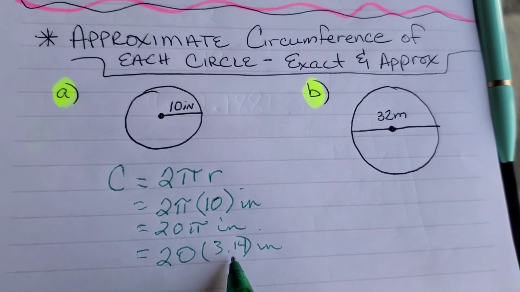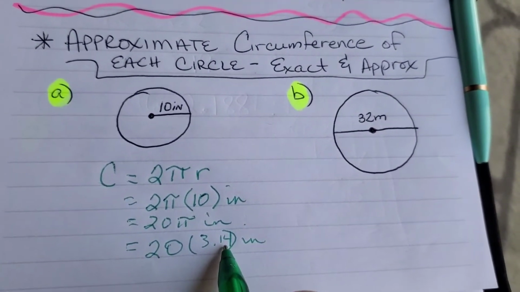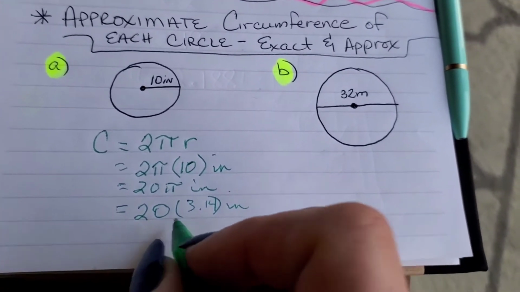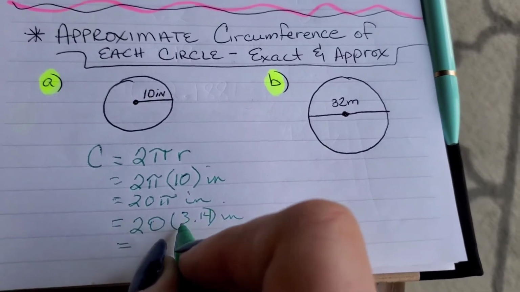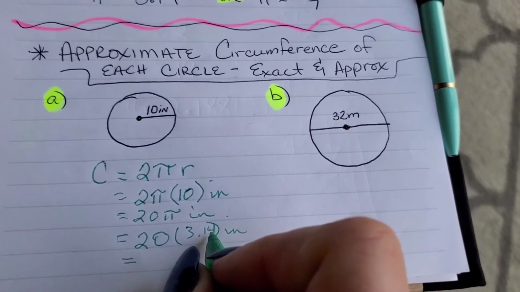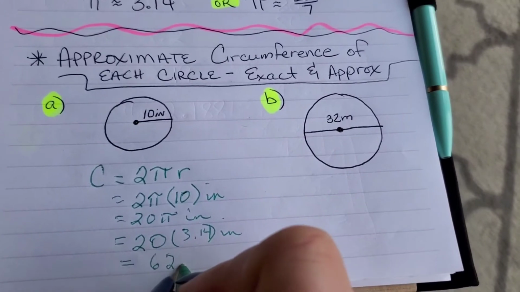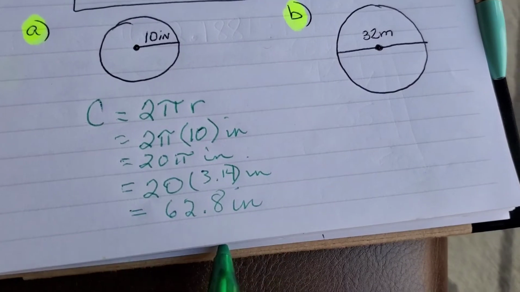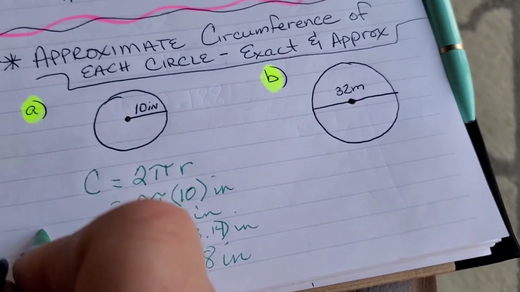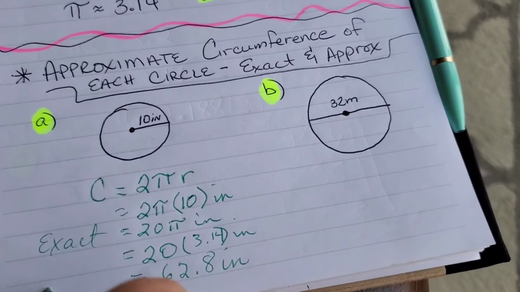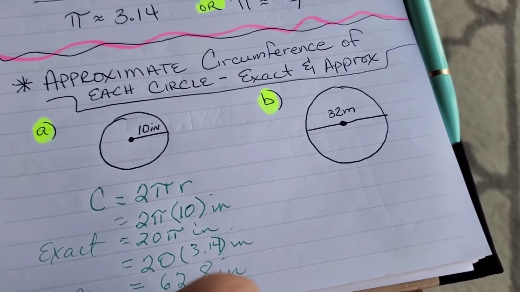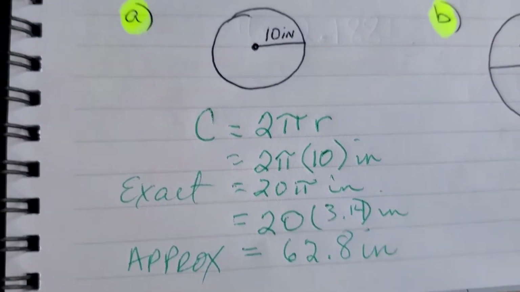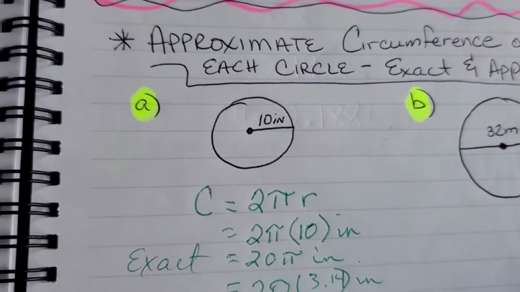Multiplying by 10, our decimal would move over and we'd get 31.4. Then if we doubled that for 20, 31.4 doubled is 62.8. Keep your measurement of inches. That would be your approximate answer. So this is your exact and this is your approximate answer, and you are often asked for both in a problem. That's when we're given the radius.